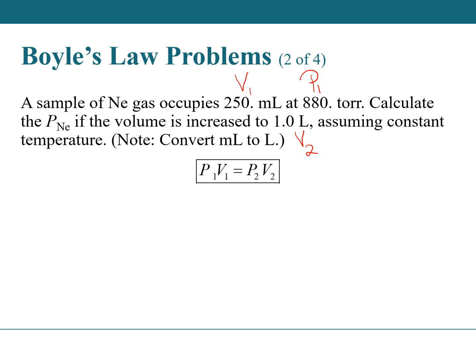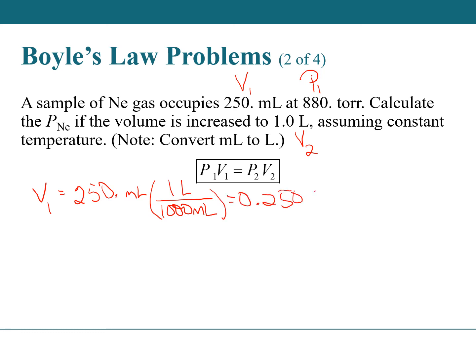So before we start, V1 is equal to 250 milliliters, and we divide by 1,000 milliliters per 1 liter, and we get 0.250 liters.